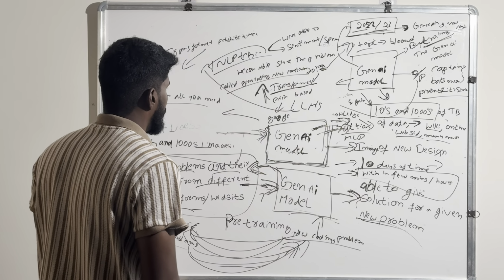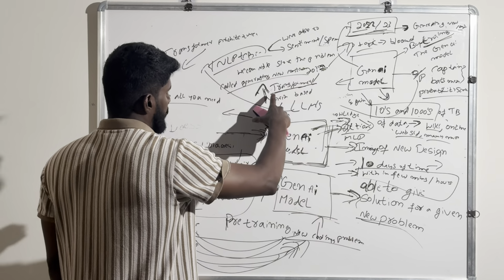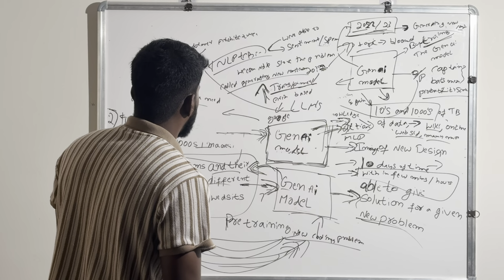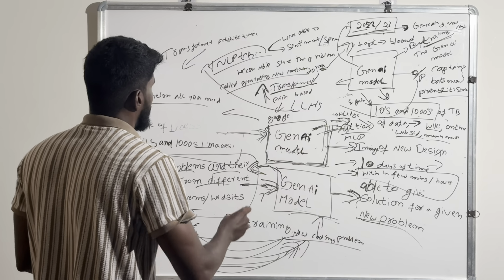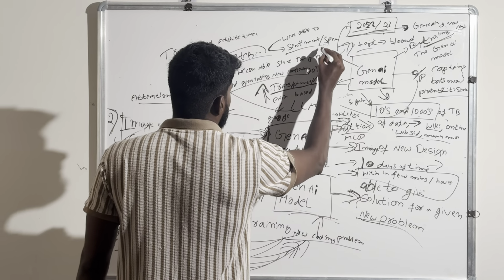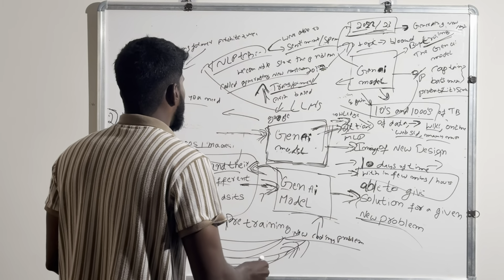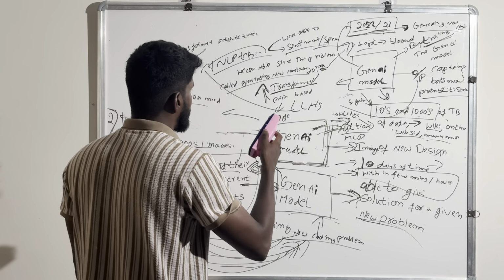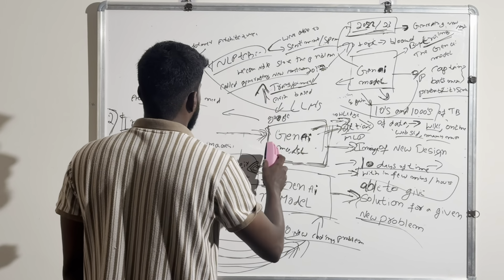I'm talking about before the transformer-based architecture came into the picture. They could only solve the classical problem statements like sentiment analysis, spam detection, and all, but not generating new content.